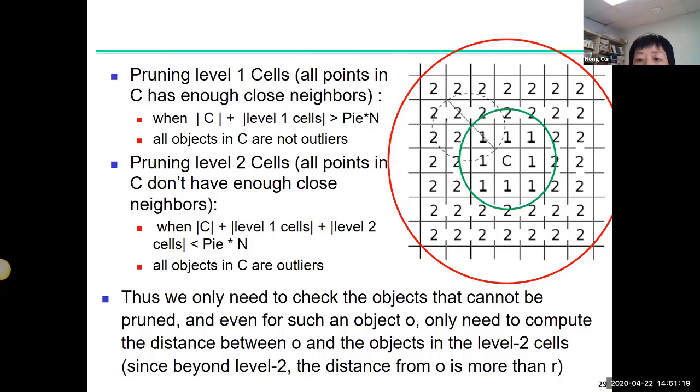And then based on that definition, we can prune level 1 cells.